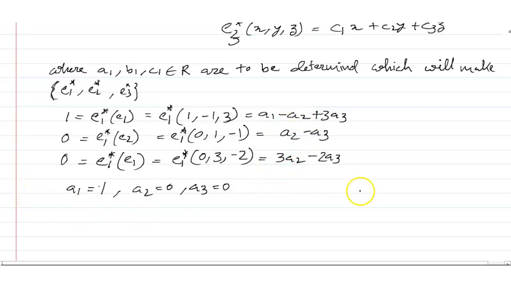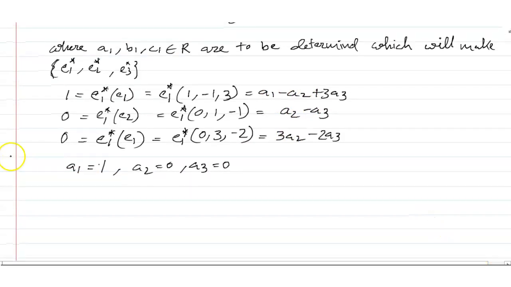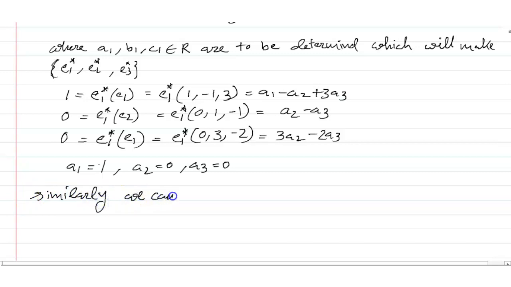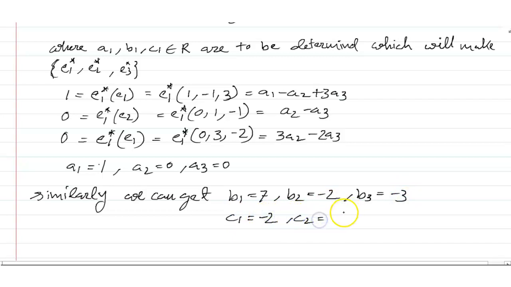And similarly we can get B1 equals 7, B2 equals minus 2, B3 equals minus 3, and C1 equals minus 2, C2 equals 1 and C3 equals minus 1.